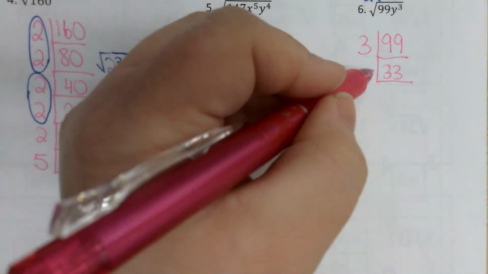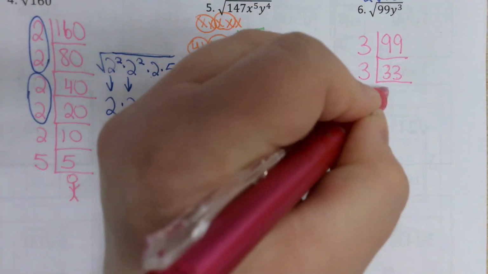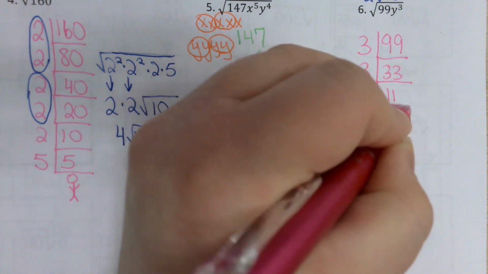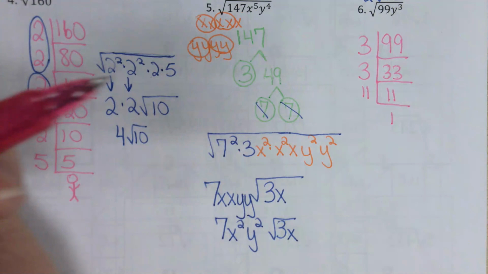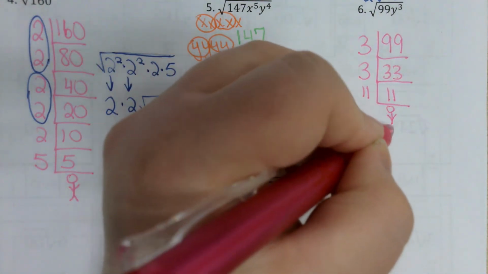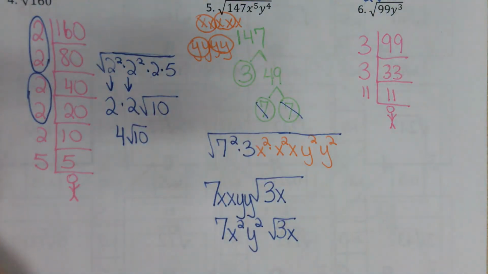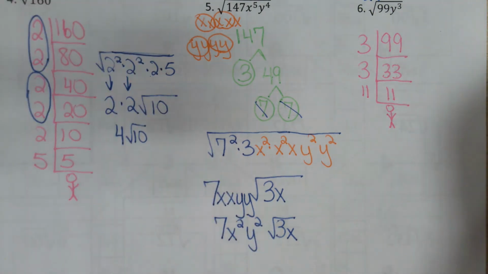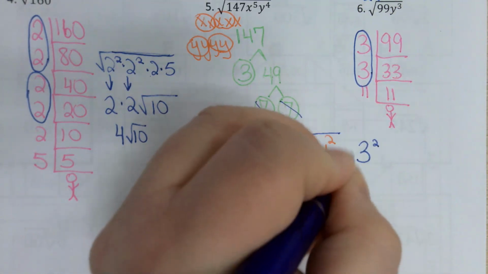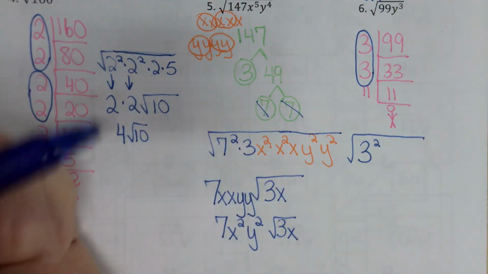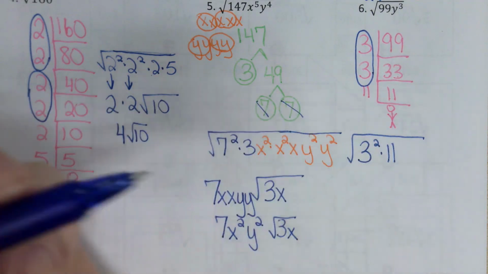Prime number that goes into 33 is 3, and it goes in 11 times. 11 is prime, so it comes out leaving a 1 at the bottom. You can draw your little guy if you want to. I'm looking for pairs. So I have a pair of 3's underneath my radical and an 11 left over.